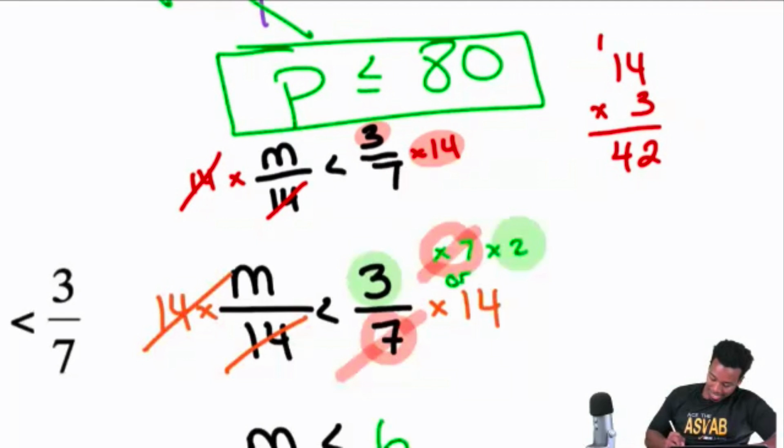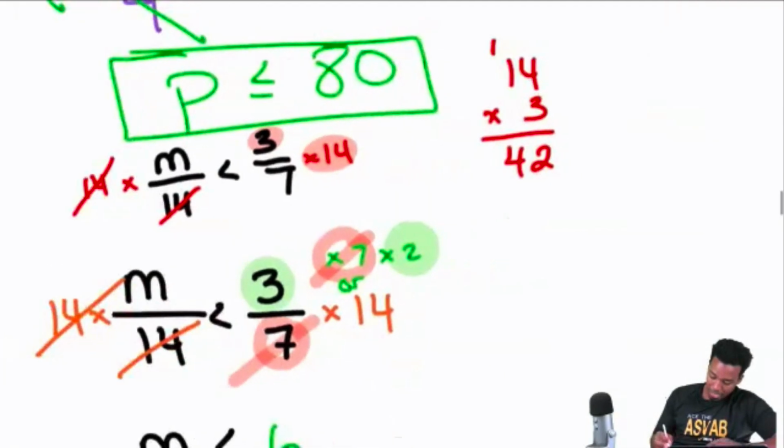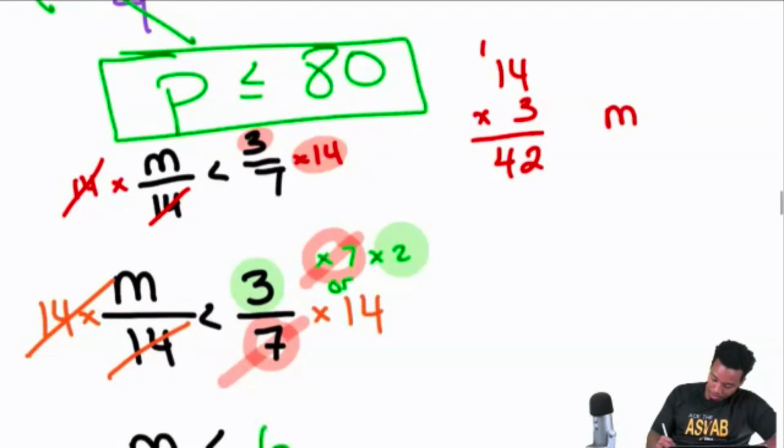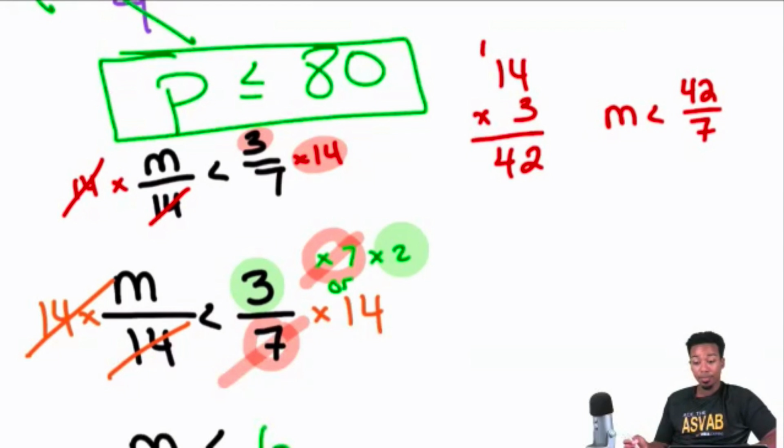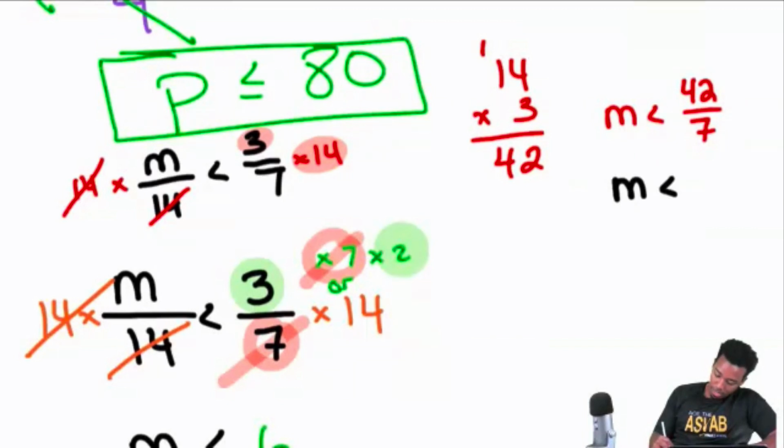So m is less than 42 divided by 7. Everyone, 42 divided by 7 is going to be what? Six. Exactly. And so m would be less than 6.